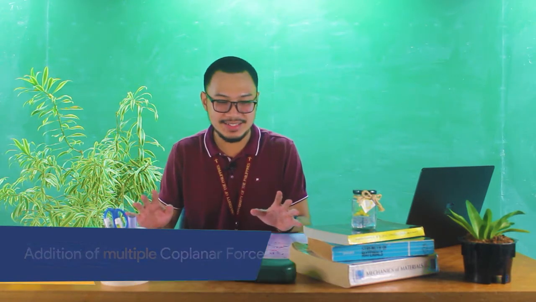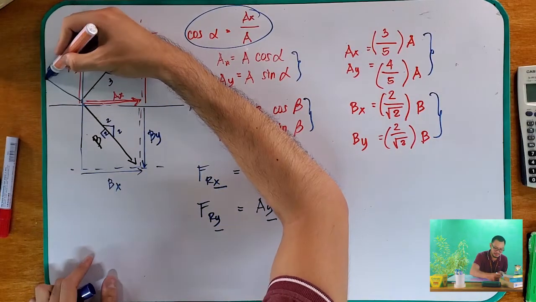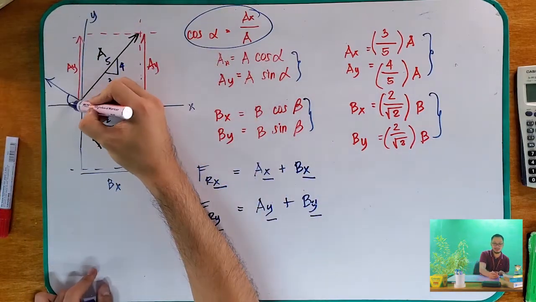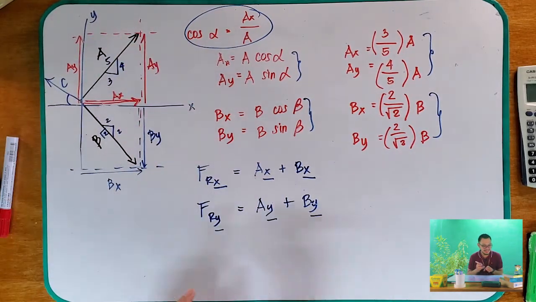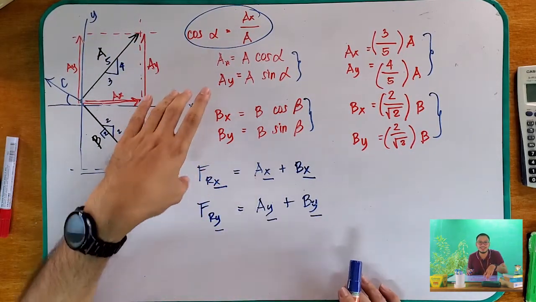Okay, understood. I hope you did. So, same goes if you are going to add 2 or more forces. So, kung tulo atong forces, let's say, naa siya angle. So, makakuha ka sa CX ug CY gamit aning atong angle-angle.